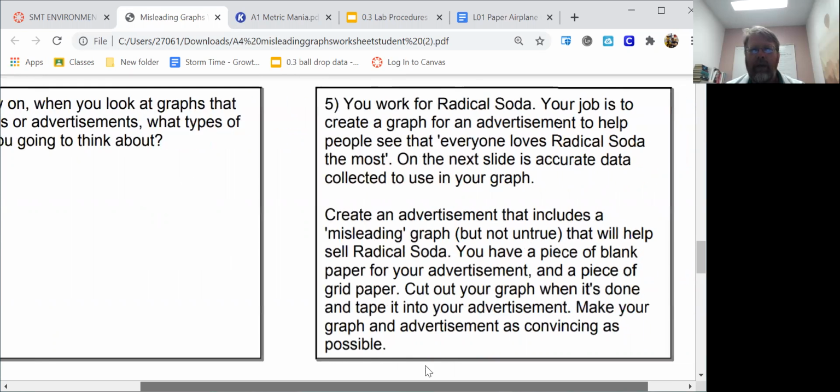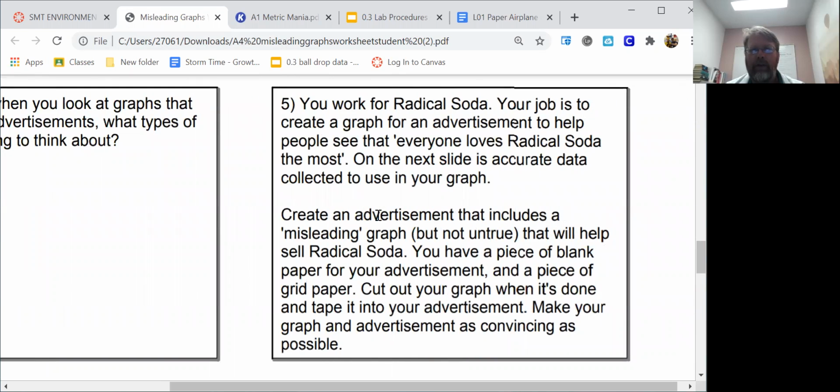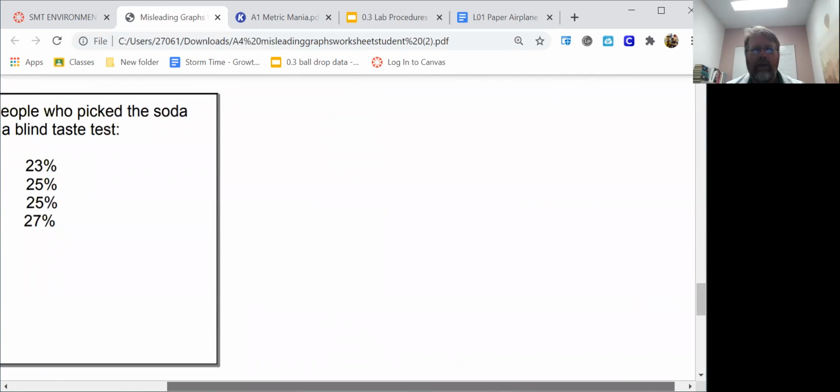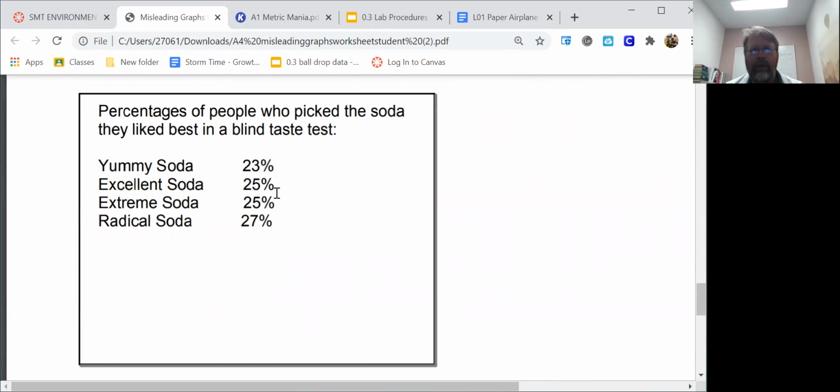Okay, and then when we get to your radical soda, you're asked to create an assignment including a misleading but not untrue graph. A lot of people did this as a second document and posted that yummy soda looked like it only increased a little bit, whereas radical soda looked like it increased 7 times more, even though those changes are not true.